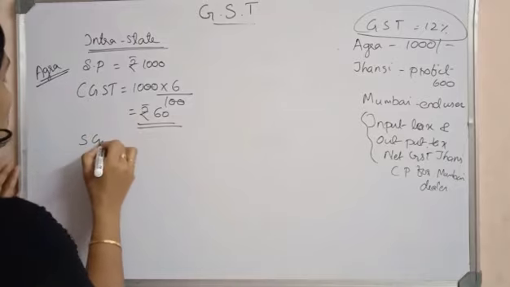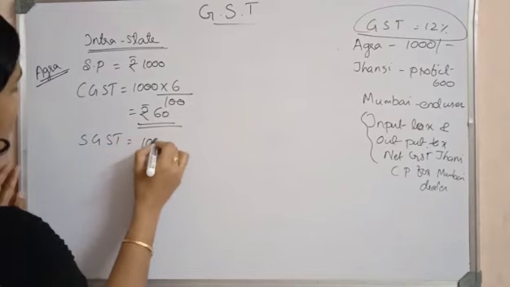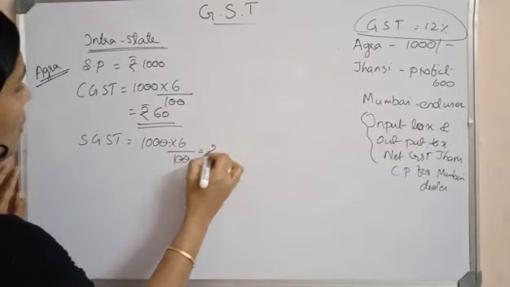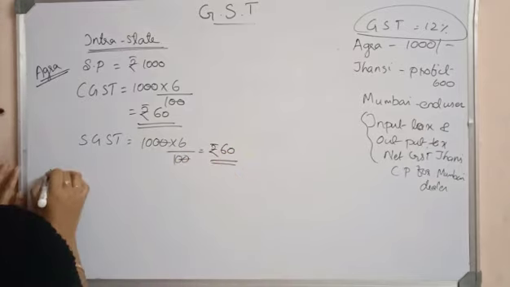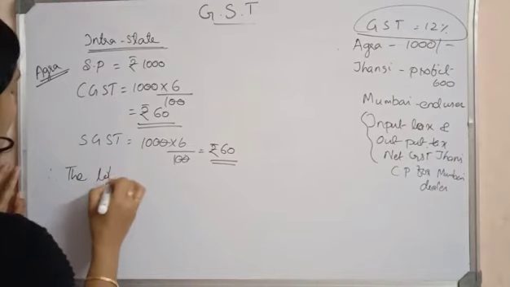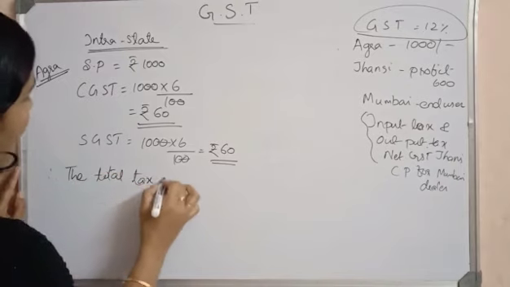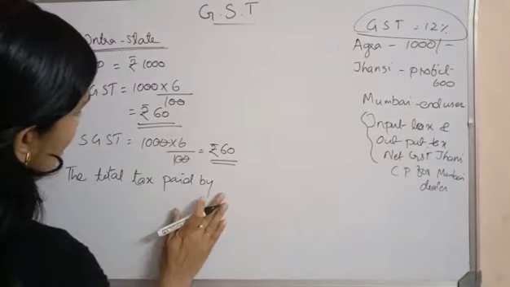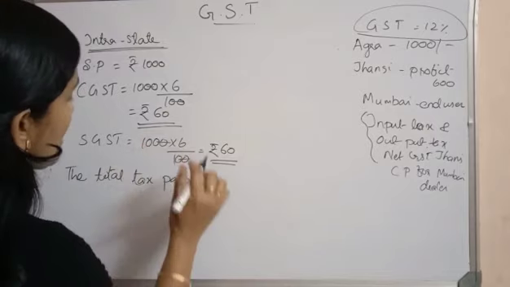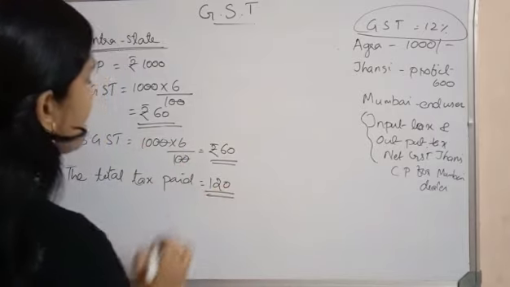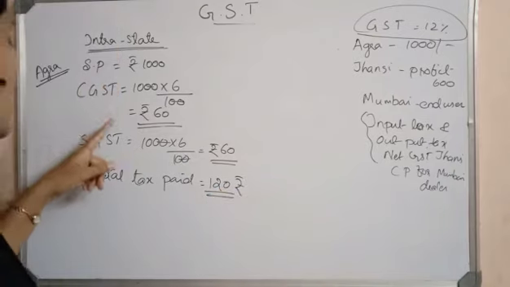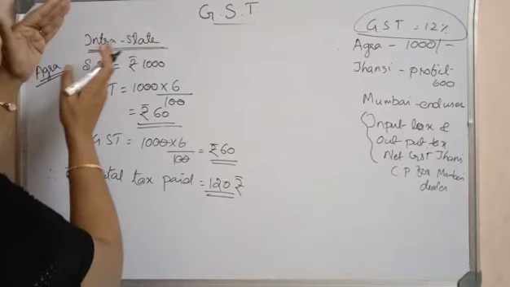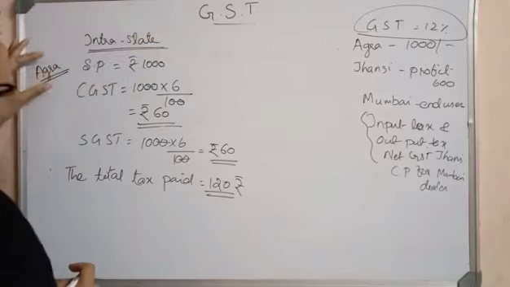Therefore, the SGST is also 6% of the selling price, and that is also rupees 60. Therefore, the total tax paid by the dealer in Agra is 60 plus 60, that is 120 rupees. So the selling price of the goods or services in Agra was rupees 1000.